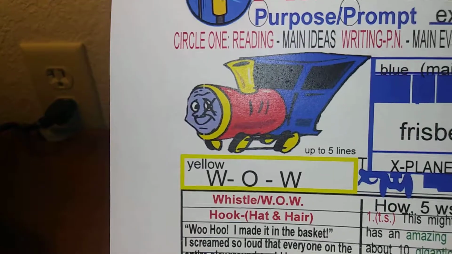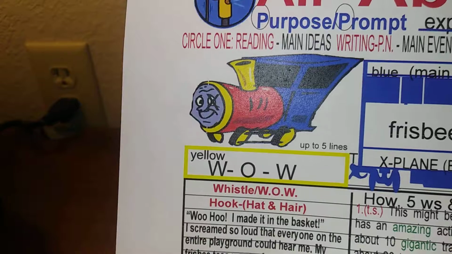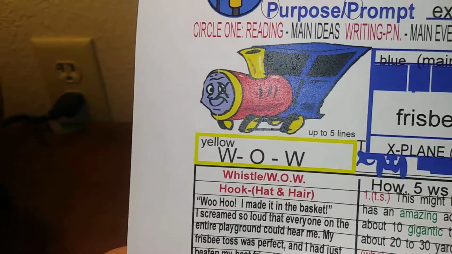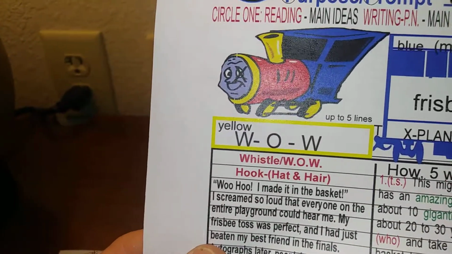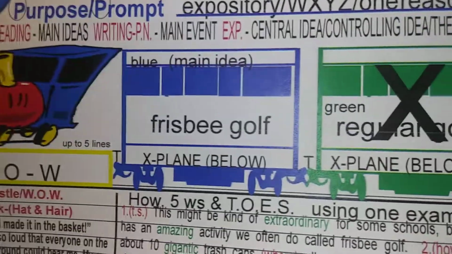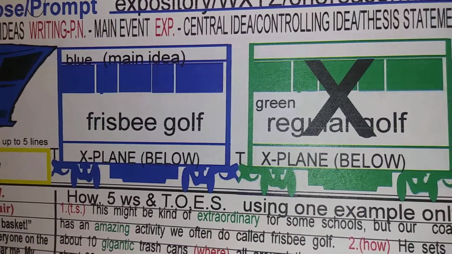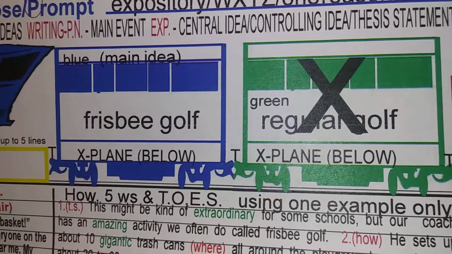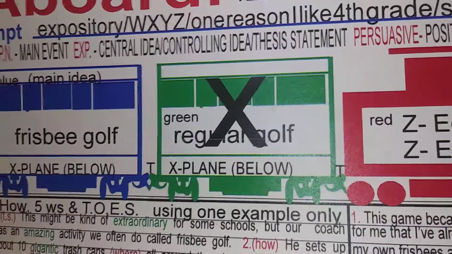If you look closely, there's an X on one of the I's, because even though most kids were writing about 3 reasons they like 4th grade, they were supposed to write 1. They basically just write PE or just the library or just their teacher, one idea, and then you can give 1 or 2 examples. So the examples I was going to give were going to be frisbee golf and regular golf, and those can tie together. But whenever your kids can explain 1 reason well enough, you don't have to use the second one.